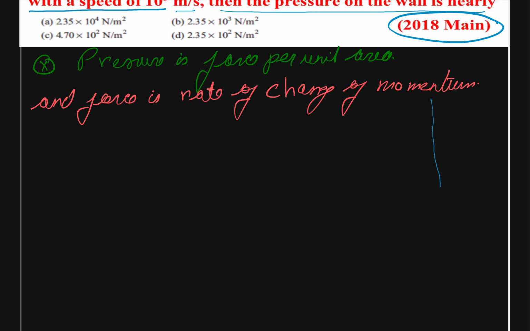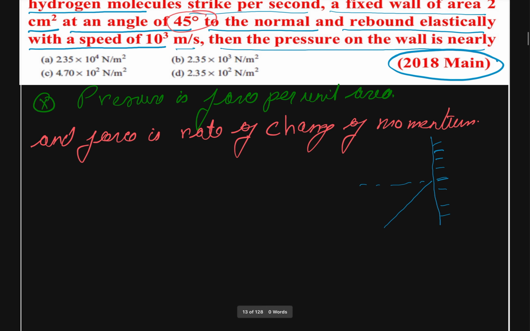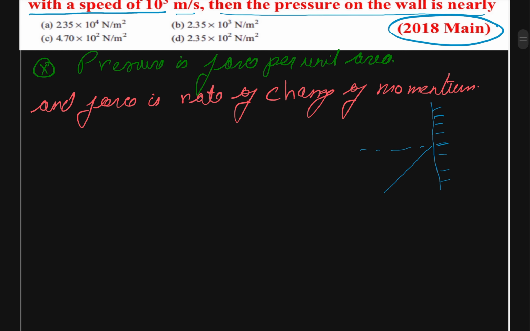Suppose this is the wall and this is the normal, so it is making an angle of 45 degree with the normal, with the velocity v. Therefore we can find its x component, or horizontal component. Let us call this v of x.